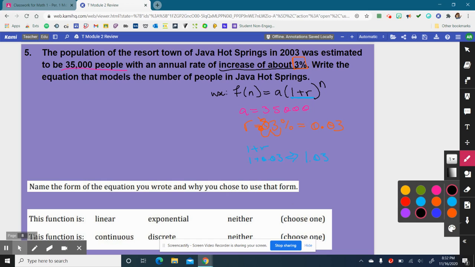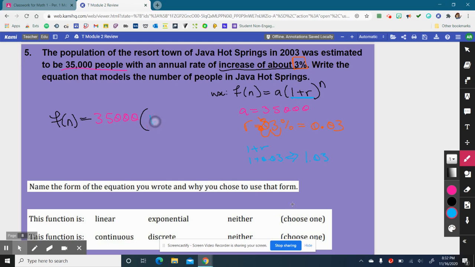So when we write out our final answer for the equation, we get f of n is equal to 35,000. I hope that makes you guys laugh. 35,000 people times 1.03 to the n. Final answer. Whoop.